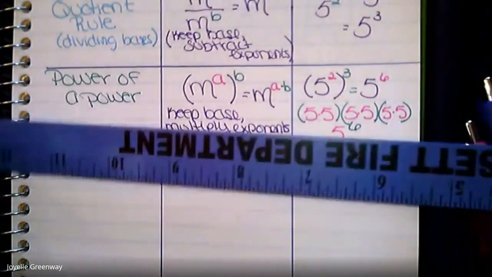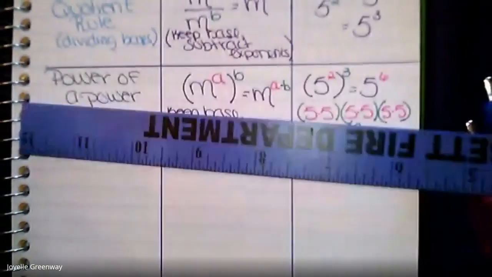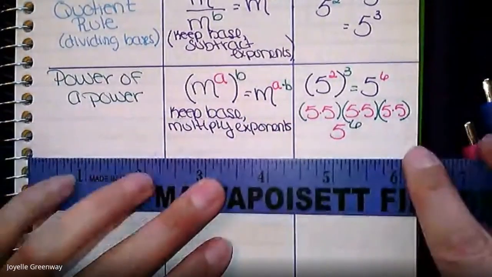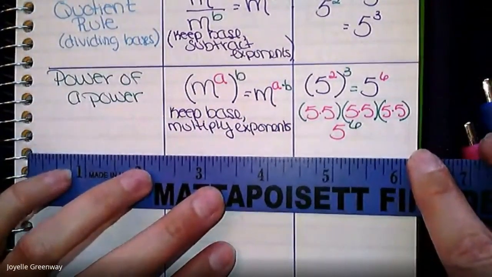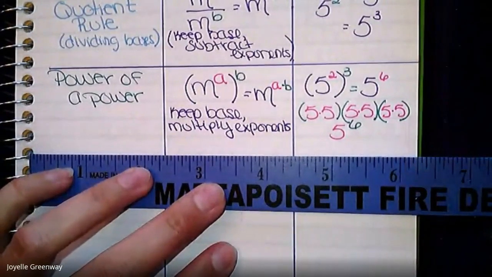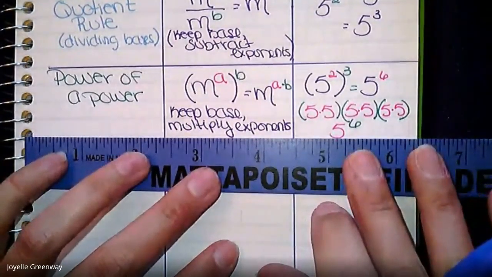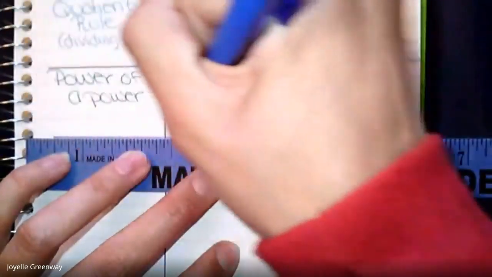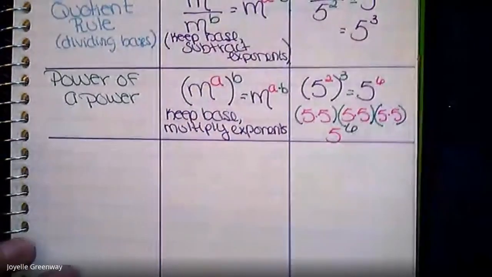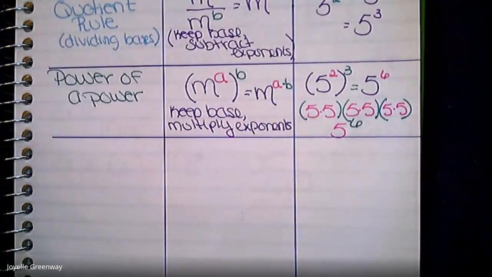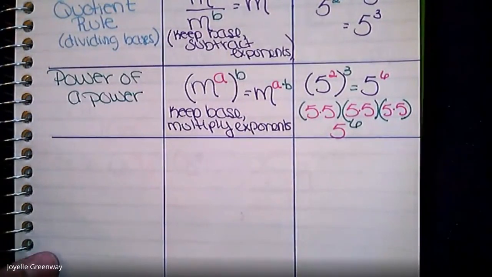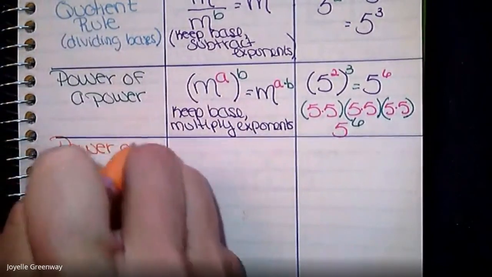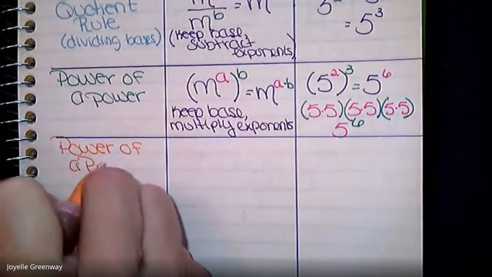Okay, so today we are going to do the power of a product and the power of a quotient. So I'm just going to draw here. And we have the power of a product.